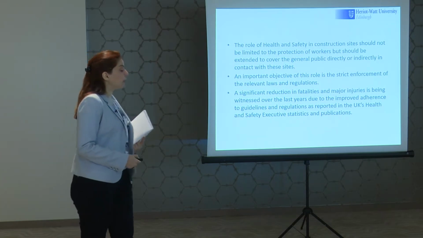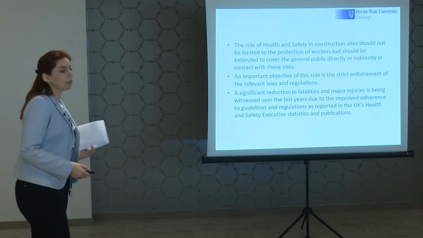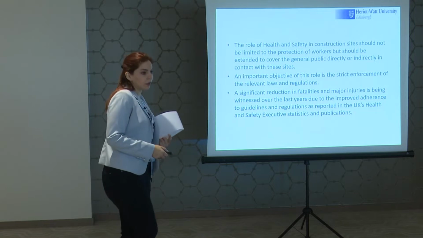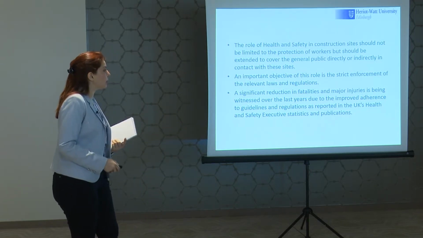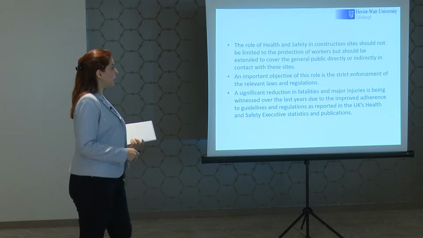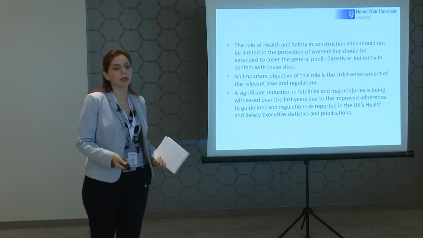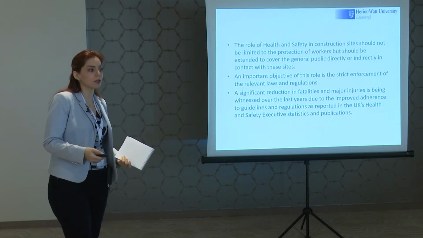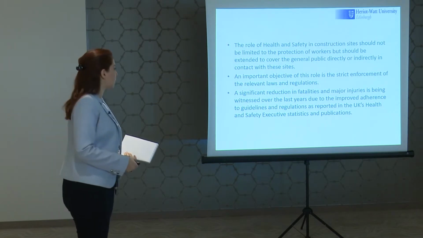The role of health and safety in construction sites should not be limited to protecting the worker, but should be extended to cover the general public directly or indirectly in contact with these sites. It's not only about the health and safety of the worker. Sometimes accidents also lead us to lose lots of time and money on the construction site.